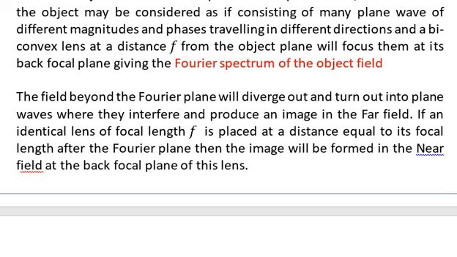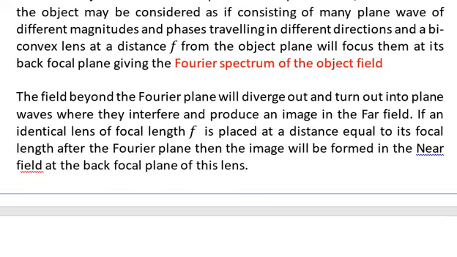Now suppose you don't want to measure the field at a very large distance, but you just want to measure the far field within the laboratory scale. What you need to do is place an identical lens, the one that generated the Fourier plane, just after the Fourier plane at a distance f.